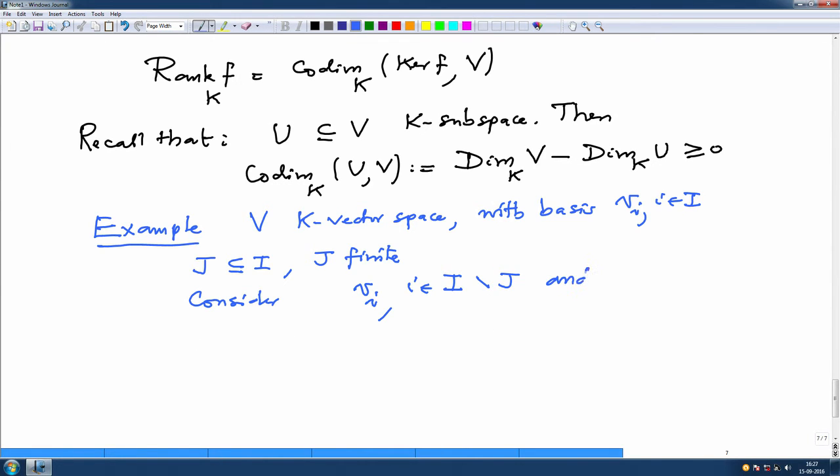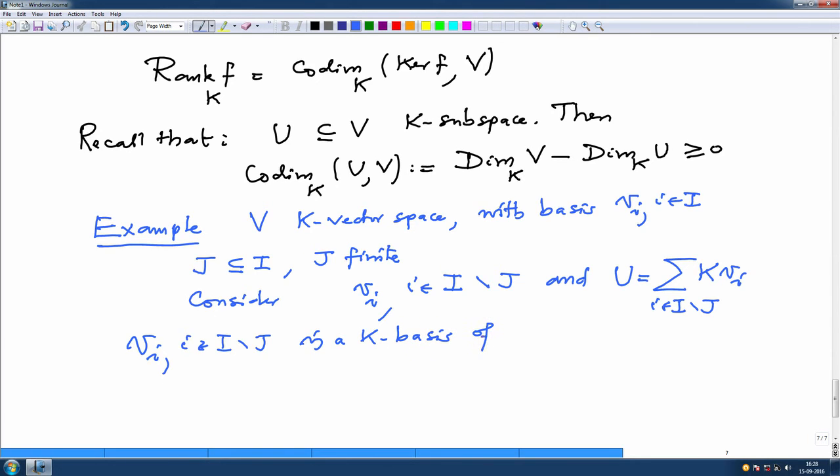Let U be the subspace generated by these v_i's, the K-span of v_i as i varies in I minus J. Then obviously this family v_i, i in I minus J, is linearly independent and it is a generating system for U. So, this family is a K-basis of U. So, if you look at dimension V minus dimension U, the extra elements needed are J. Therefore, in this case codim_K of U in V is nothing but the cardinality of J. So, this is one way to produce arbitrary codimensional subspaces.